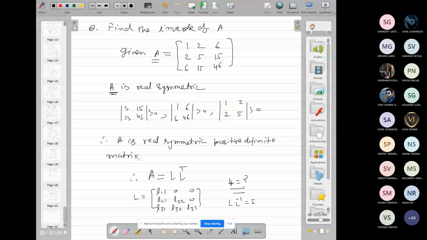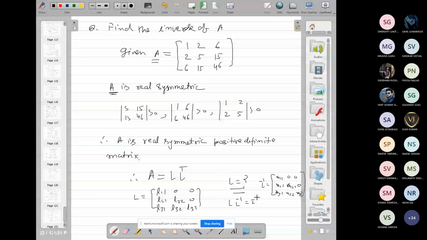Say here M11, 0, 0; M21, M22, 0; M31, M32, M33, and then using L inverse L is equal to I.